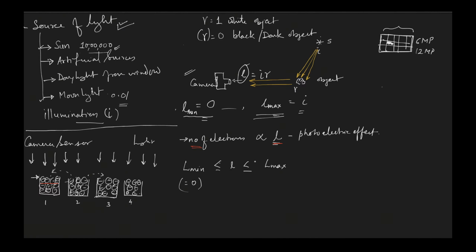So the camera system will record from L min to L max. For our DIP purpose, I will scale L minimum to 0, and one of the easy ways is to scale L max to 1. Now it depends on the camera system. This 1 is subject to interpretation.